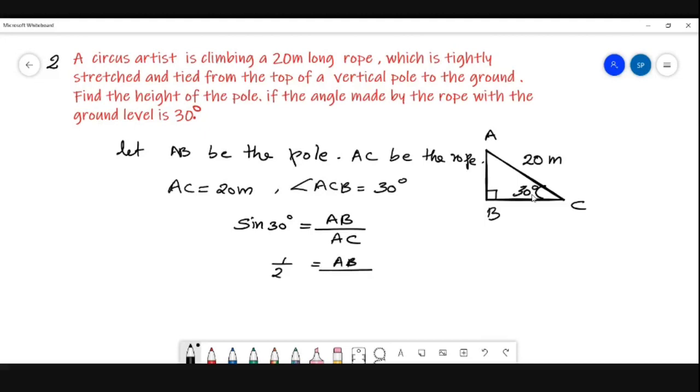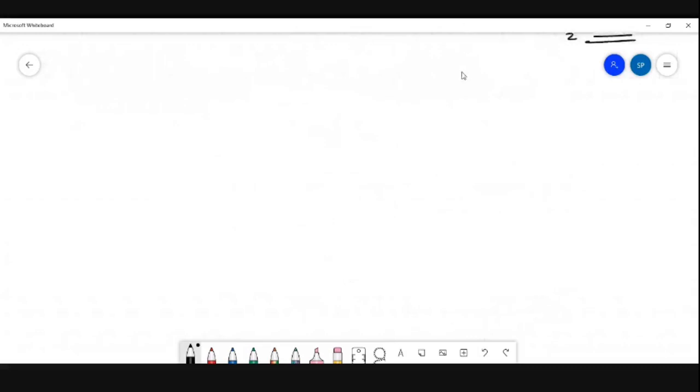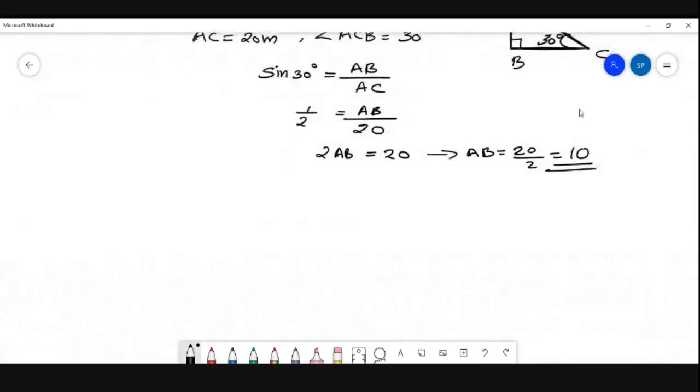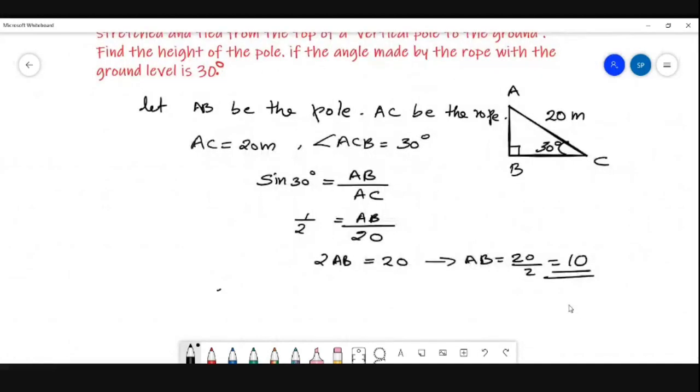AB divided by AC, which is 20. If you cross multiply, you get 2 into AB equal to 20, which gives AB equal to 20 by 2, that is equal to 10. That means the height of the pole is 10 meters.